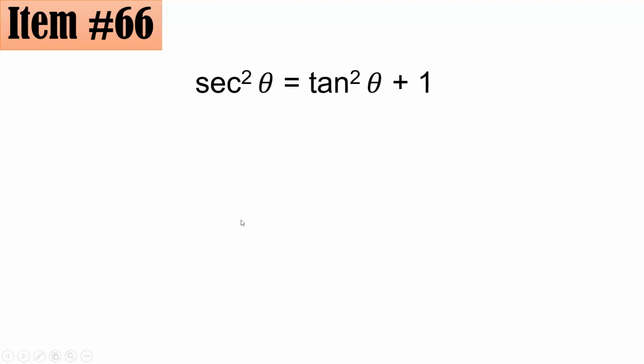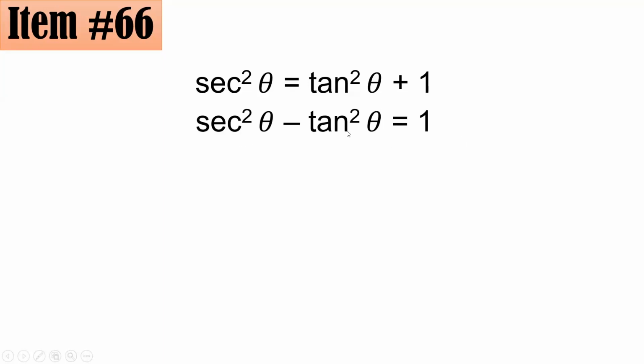Let us remember that we have a Pythagorean identity: secant squared theta is equal to tangent squared theta plus 1. So isolating one, I subtracted both sides by tangent squared theta, and it becomes secant squared theta minus tangent squared theta equals 1. And in this case po, secant squared theta is a perfect square.